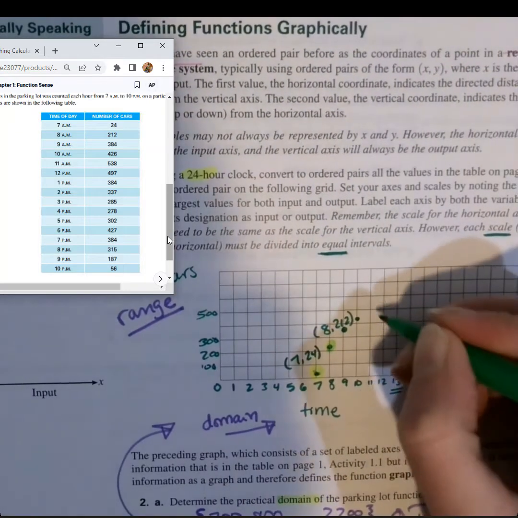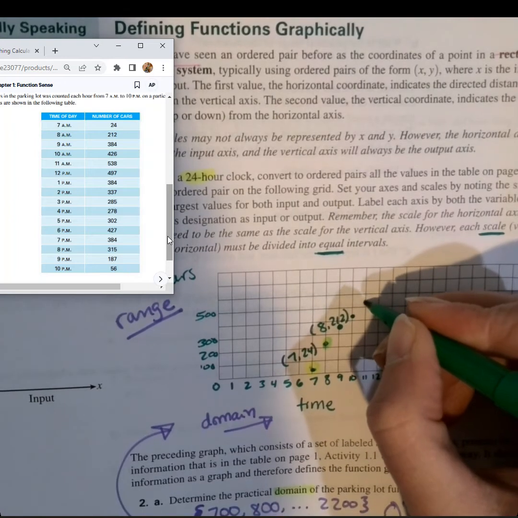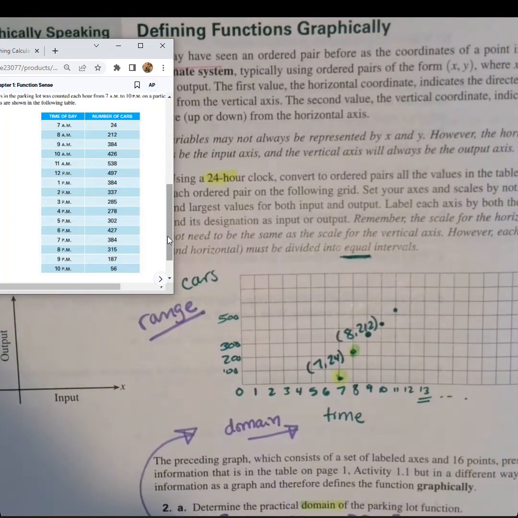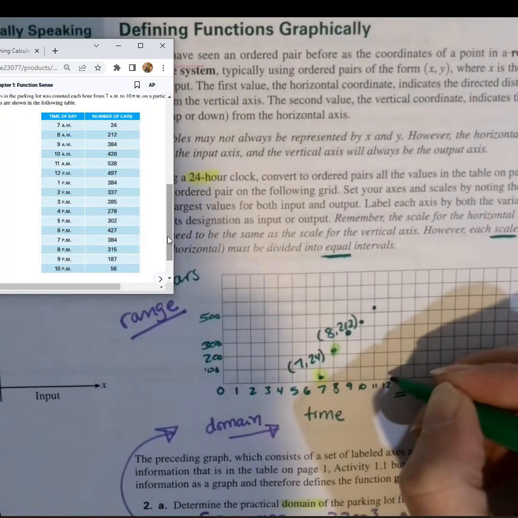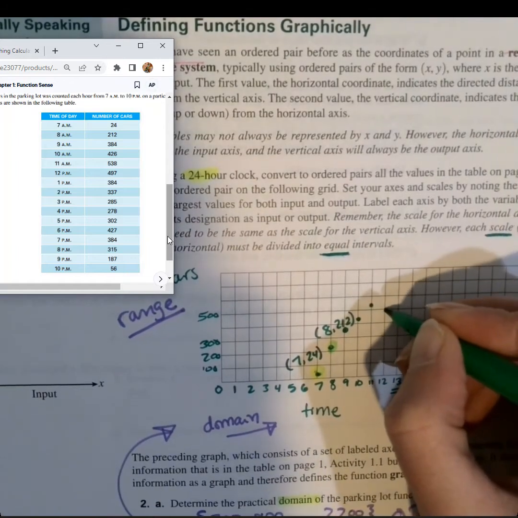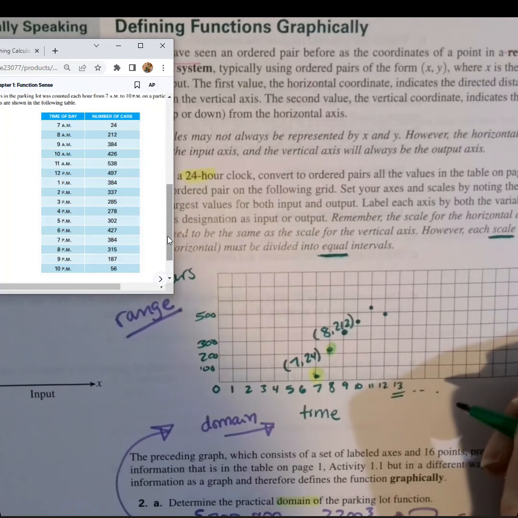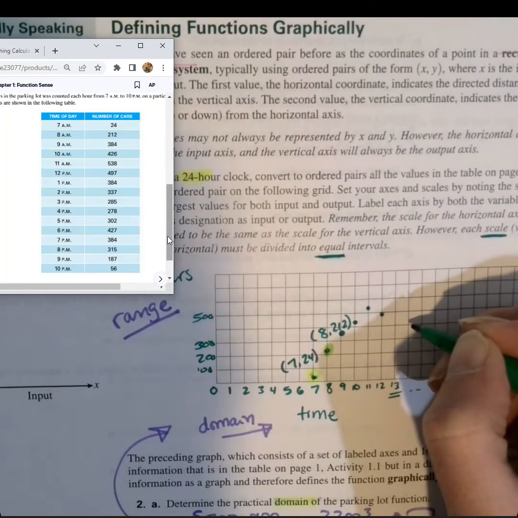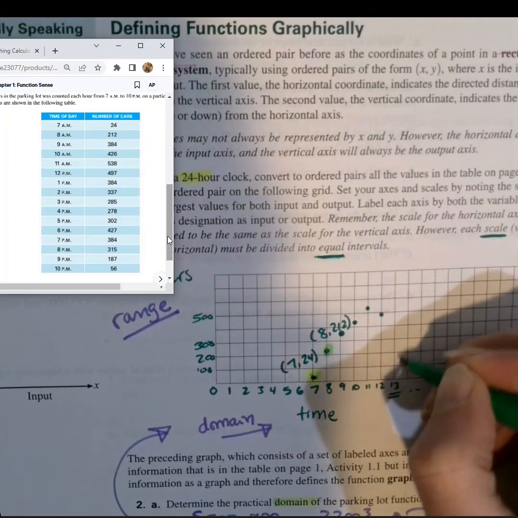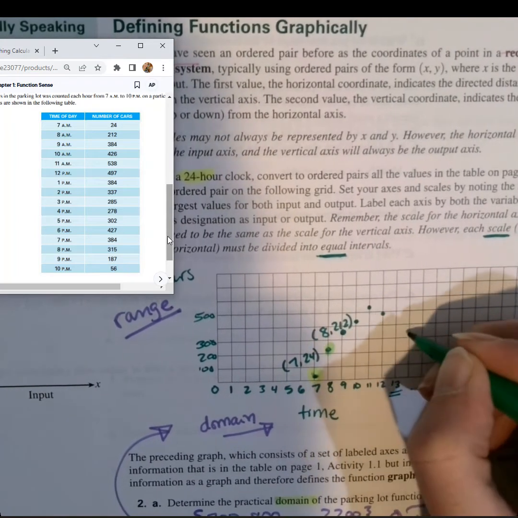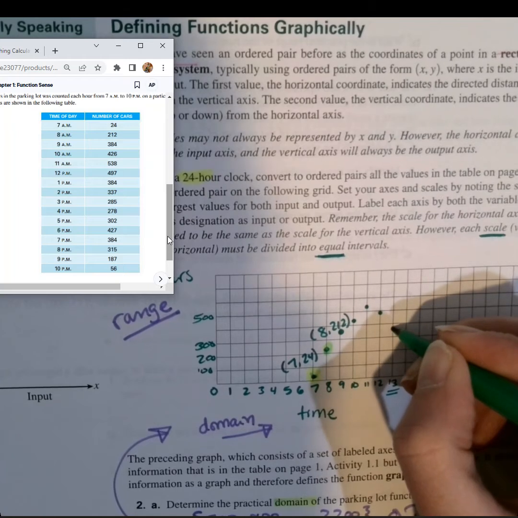11, we need to be at 538. 12, 497, so just below 500. 13 at 384. So 384 should be roughly the same height as it was before at 384 right here.